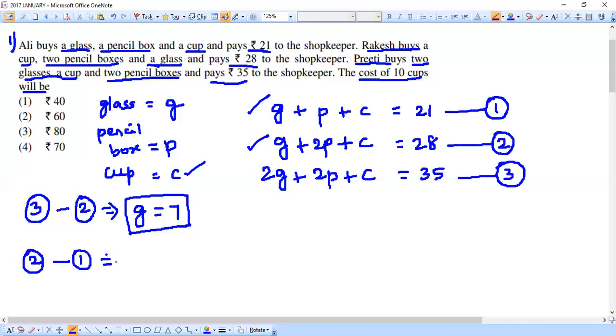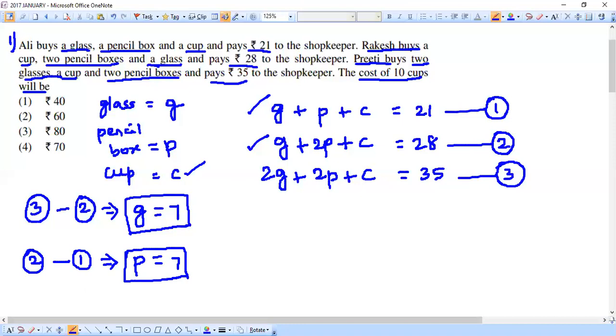Now what happens is it's going to be a magic again. G minus G will go off, C minus C will go off. So all we will end up with is 2P and P. So 2P minus P will be simply P, which will be equal to, coming to the right hand side, 28 minus 21, which will give us 7. So we successfully got the value of P also.